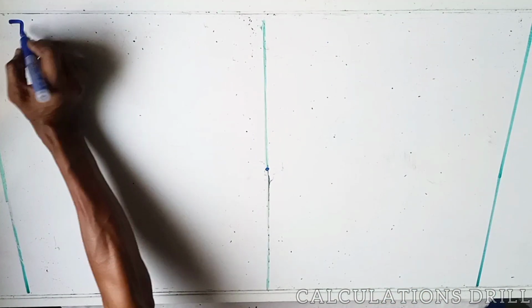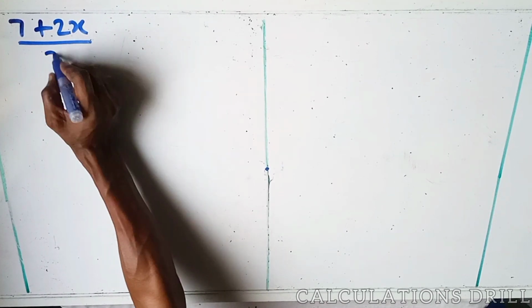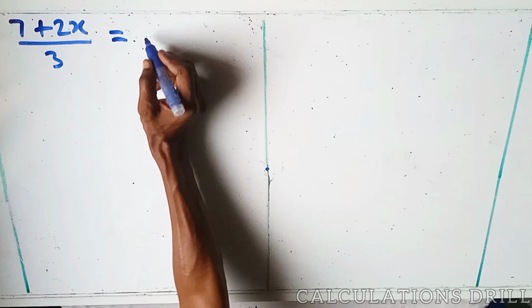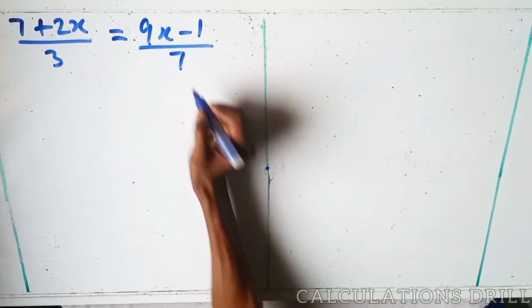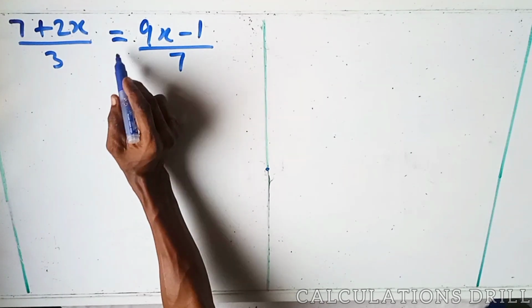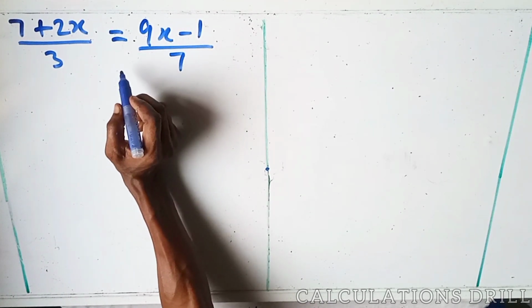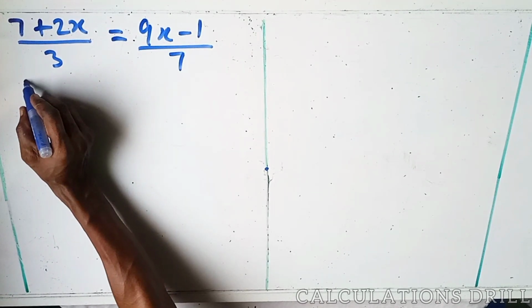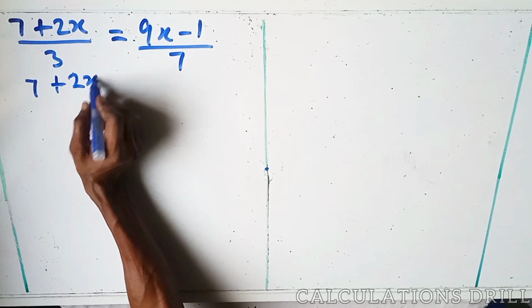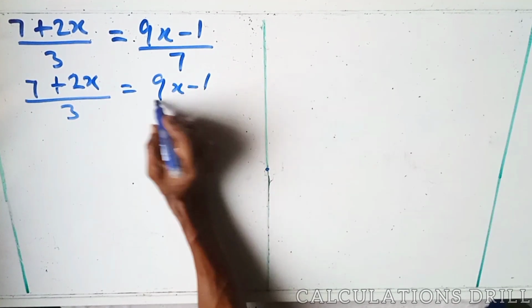How do you solve this? 7 plus 2x over 3 equals 9x minus 1 over 7. The equal sign is separating both fractions. The next thing is to cross multiply. So let me write it again. 7 plus 2x over 3 equals 9x minus 1 over 7.